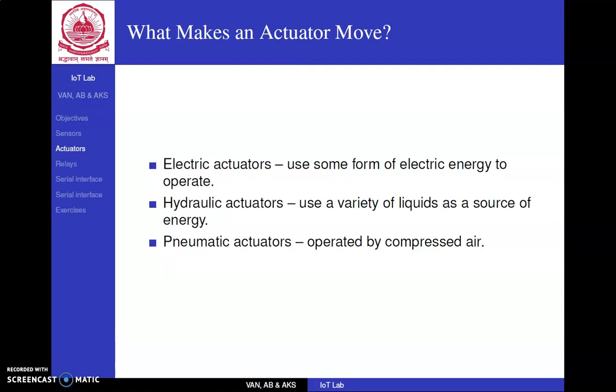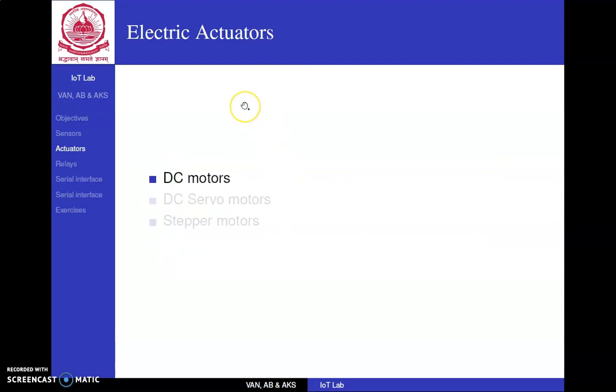Most of the actuators that we use in IoT fall under electric actuators, which we are going to try also. One of the most popular actuators is a DC motor, and we have DC servo motors and stepper motors. Even though they all fall under the same category, they have different purposes. DC motors rotate the moment you feed them power.